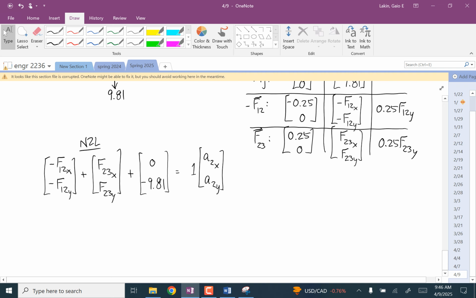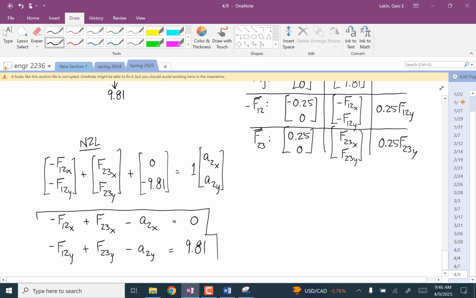And I'll write that out as our next two equations. Negative F12x plus F23x minus A2x is equal to 0. And negative F12y plus F23y minus A2y is equal to 9.81. That's our second and third equations.